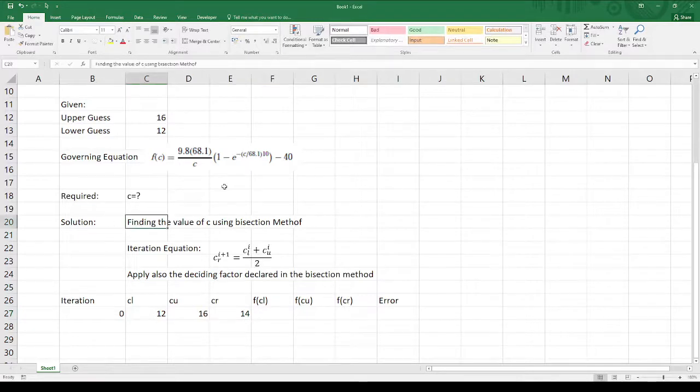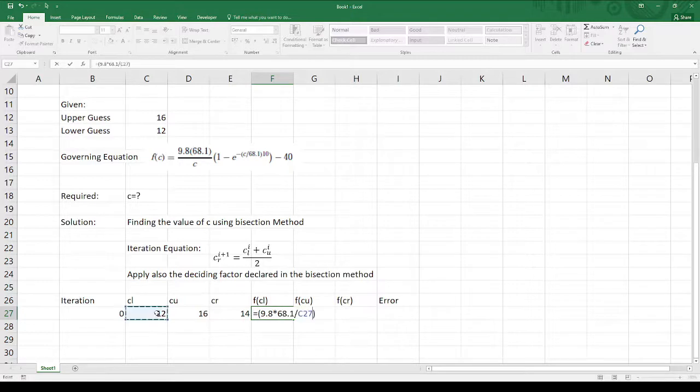The spelling was wrong, so let's go back. So that is, close parenthesis, 9.8 times 68.1 divided by your C.